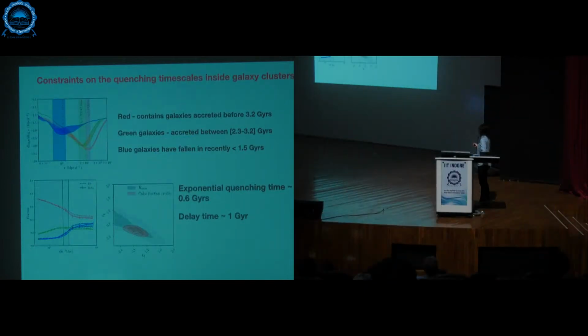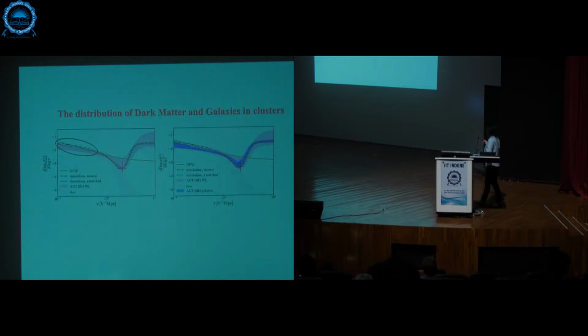So we use this to essentially try to constrain how long red, blue and green galaxies have lived inside clusters, and we also used a simple exponential quenching model to put constraints on the quenching timescales of these objects. So finally, I'll end with some basic review.